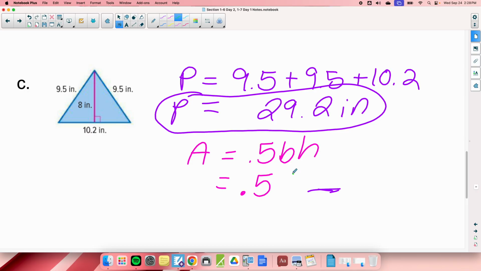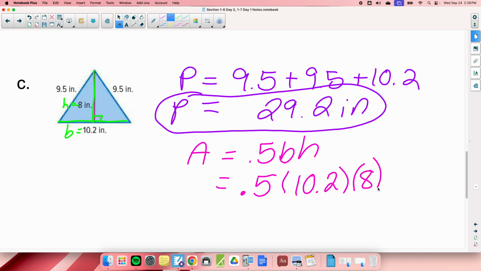So here's the deal. When you're deciding what is your base and what is your height, the height is always going to be at a right angle with your base. Isn't this at a right angle with that? Do you guys get that? So this is your height, this is your base. So all you would do is put 0.5, your base is 10.2, and your height is 8.